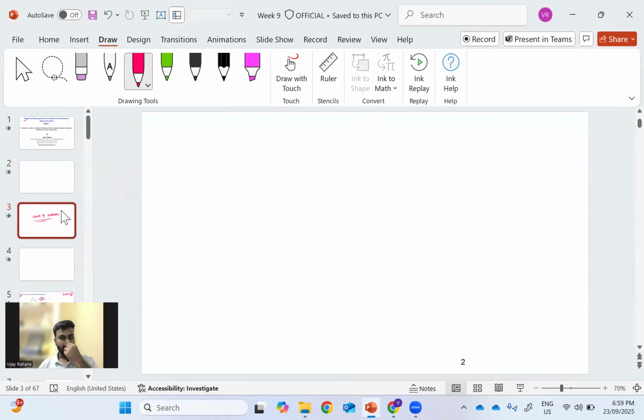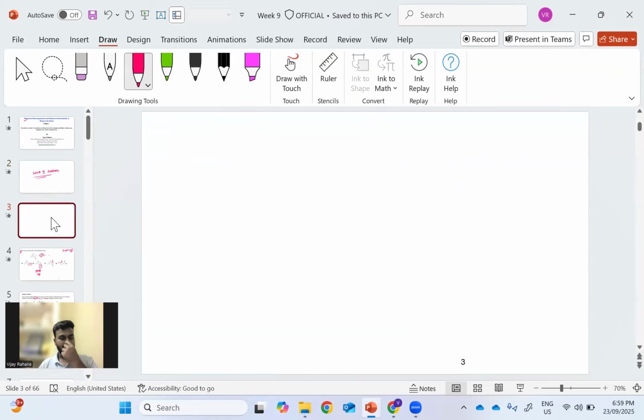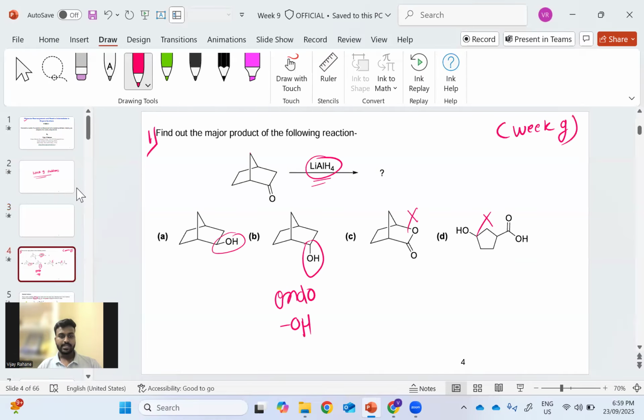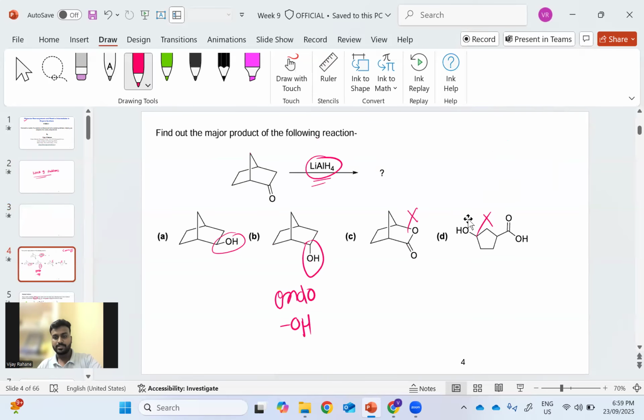If you don't have any doubt, I will slowly move to some of the problems, and today's session will cover some of the reducing agents. I have taken some examples, problems that we have already solved.